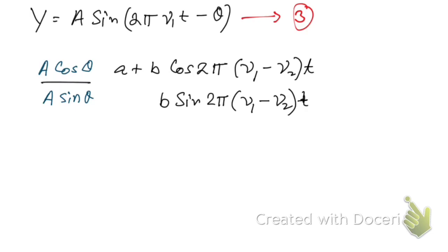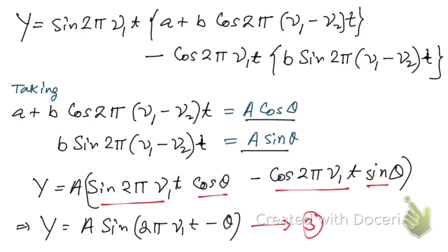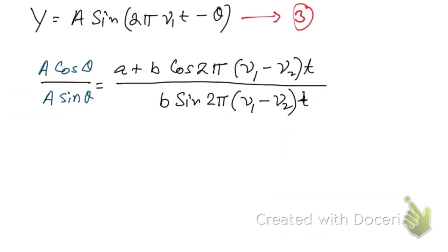Just give me a second. Okay, this is what we're going to have after dividing this one by this one, right? Hope you have understood this now. So this A is gone, here we have got tan theta, right? Tan theta equal to this.